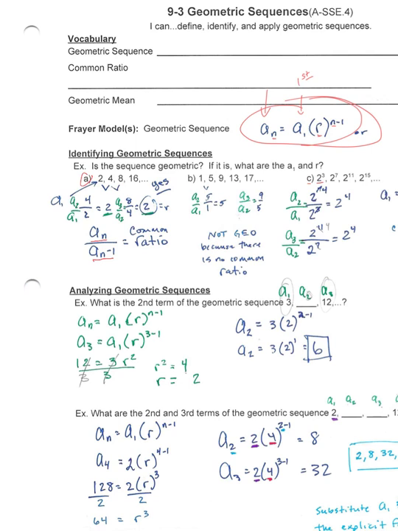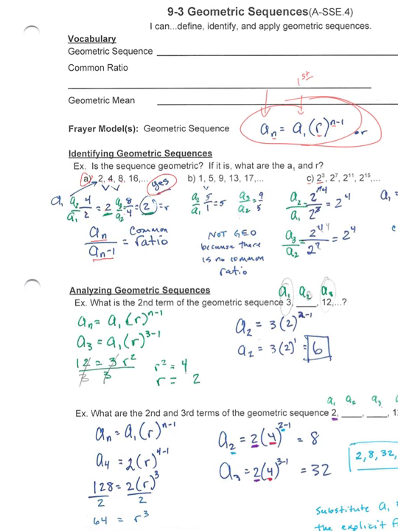Well, if it has a common ratio, that means it's geometric. If I take a 4 and divide it by 2, I get a 2. If I take 8 and divide it by 4, because 4 is its previous term, then I get a 2. So it appears to be a common ratio of 2. So is this sequence geometric? Yes, because it has a common ratio of 2.